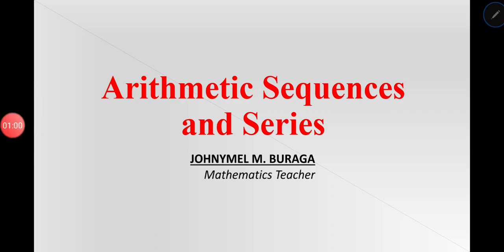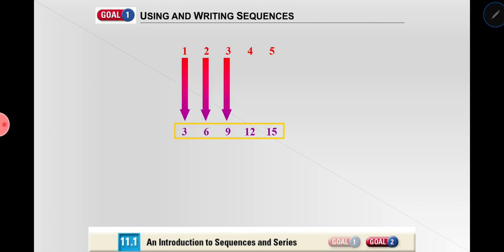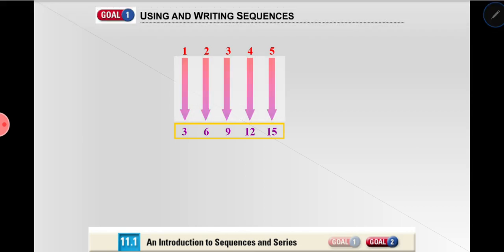So gusto muna natin dapat alamin kung paano magsulat ng sequence. So we have here 3, 6, 9, 12, and 15. So n represents the number or the order of the sequence.